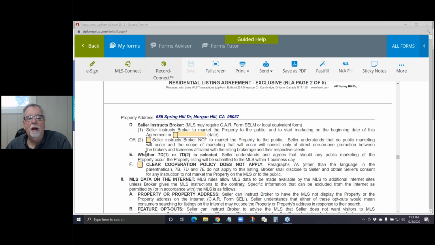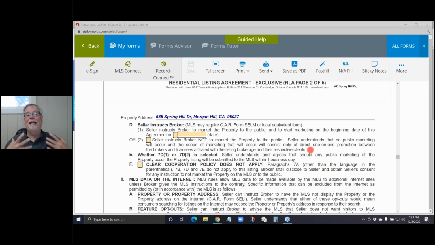Paragraph 2 says, seller instructs broker not to market the property to the public. Look at what it then says. Seller understands that no public marketing will occur, and the scope of marketing that will occur will consist only of direct one-on-one promotion between the brokers and licensees affiliated with the listing broker and their respective clients.